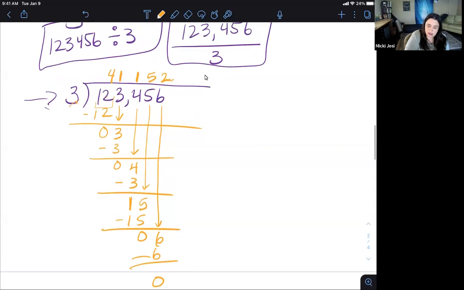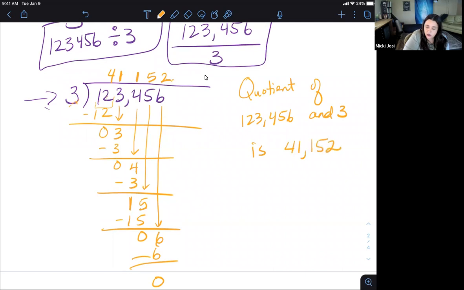So that means that the quotient of 123,456 and 3 is 41,152.